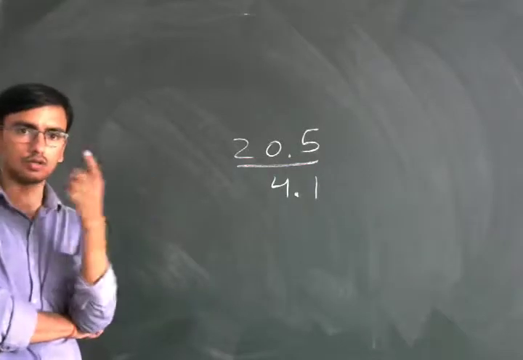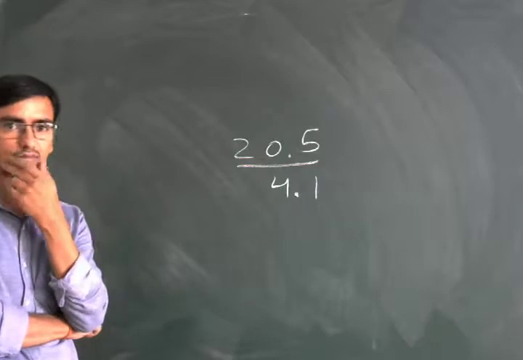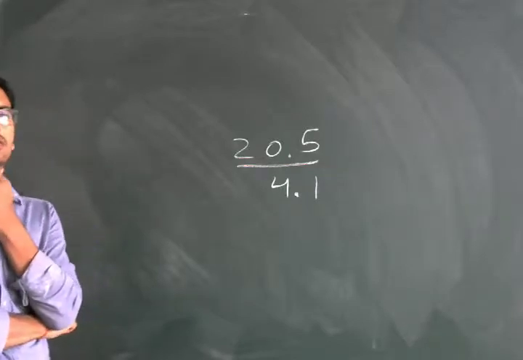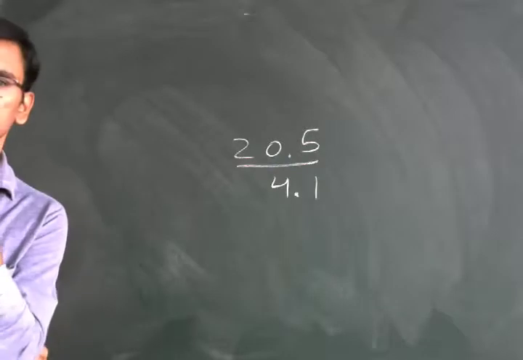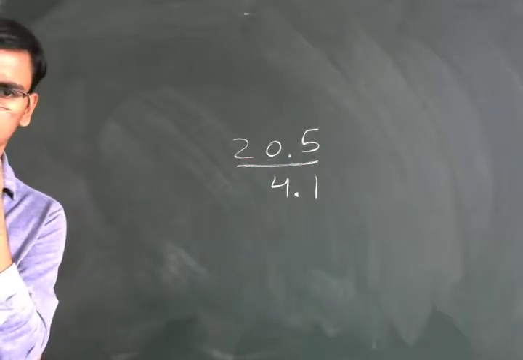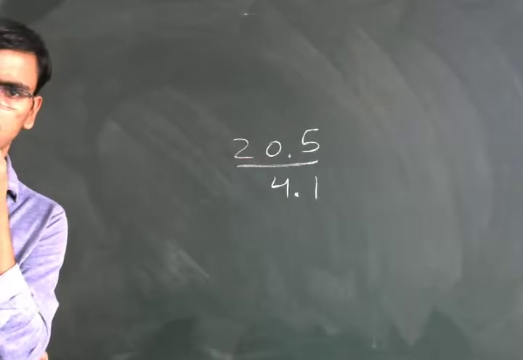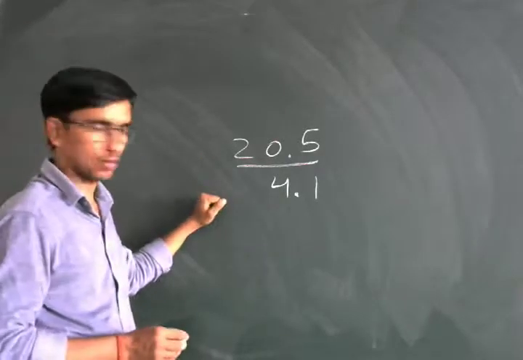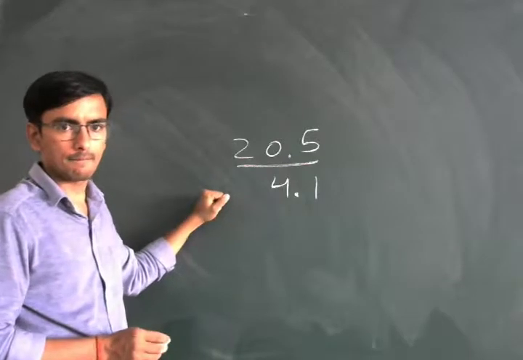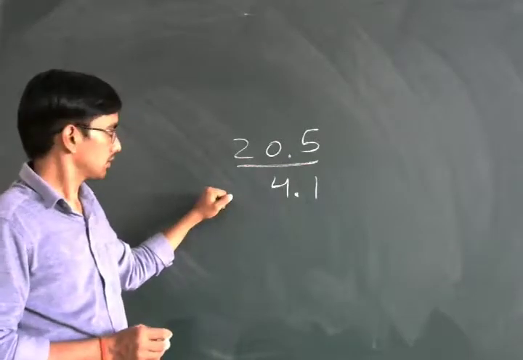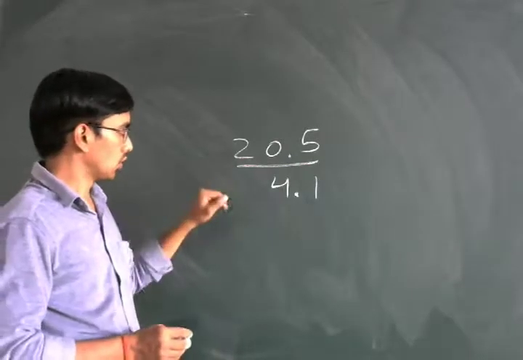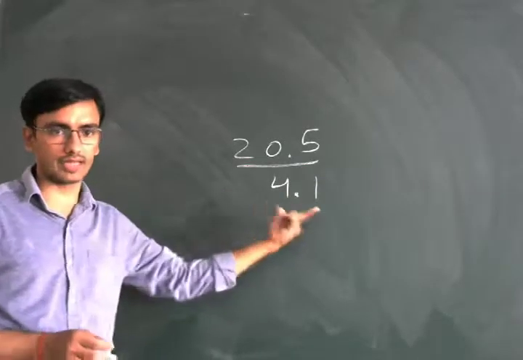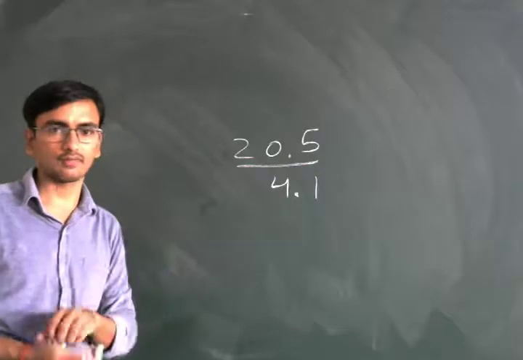Yes. No, this Mahalakshmi, she is telling something different. What, Mahalakshmi? Sir, if we divide 20 and 4, we will get 5. So we can do this type or that method you showed. Actually, the number is 4.1, so we have to take the complete number 4.1.